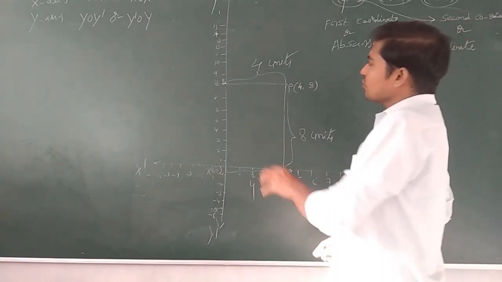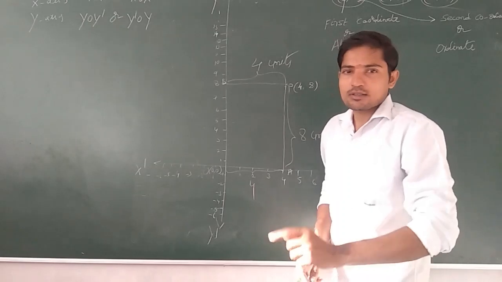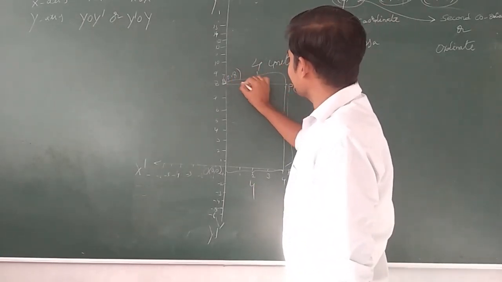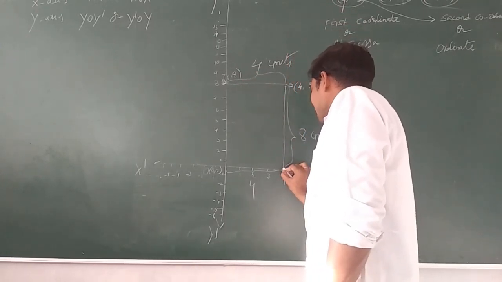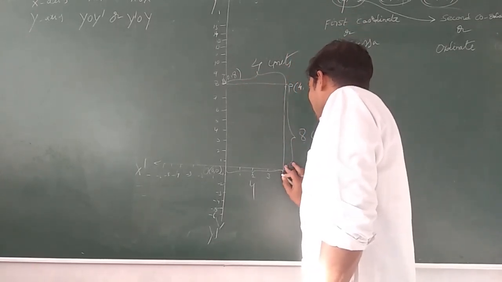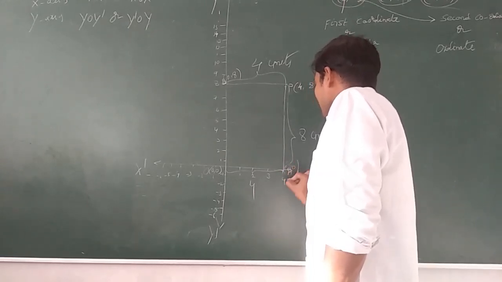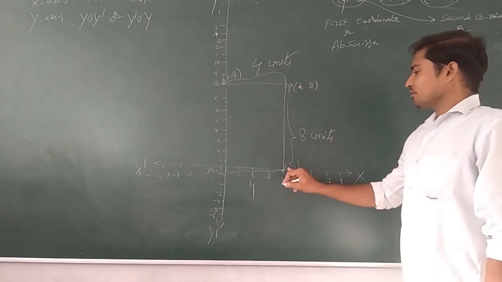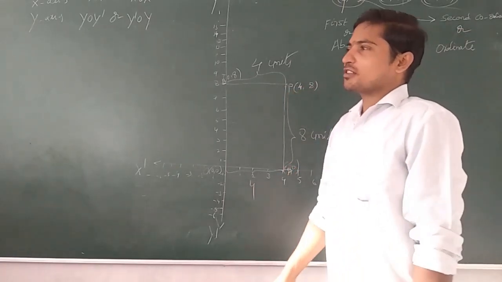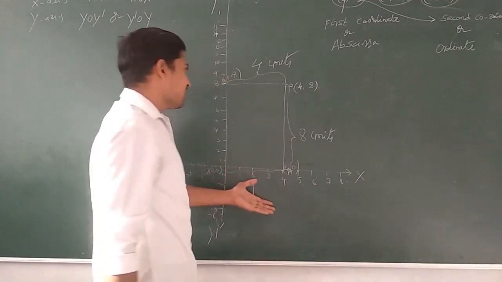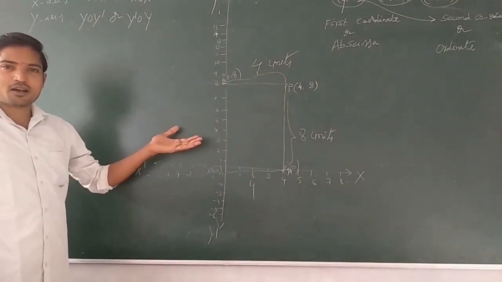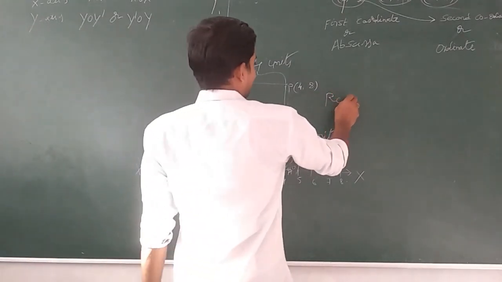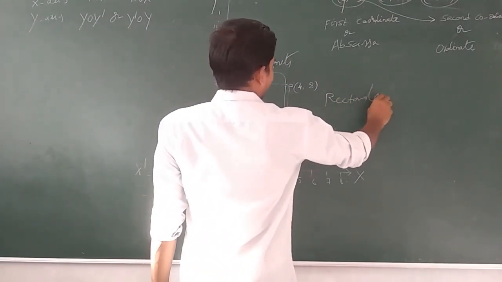With the help of coordinates, the coordinates of B say 0, 8. The coordinates of A, 4, 0. Right? 0, 8, 4, 8, 4, 0, and 0, 0. Here, OAPB, I got a geometrical figure that is a rectangle.